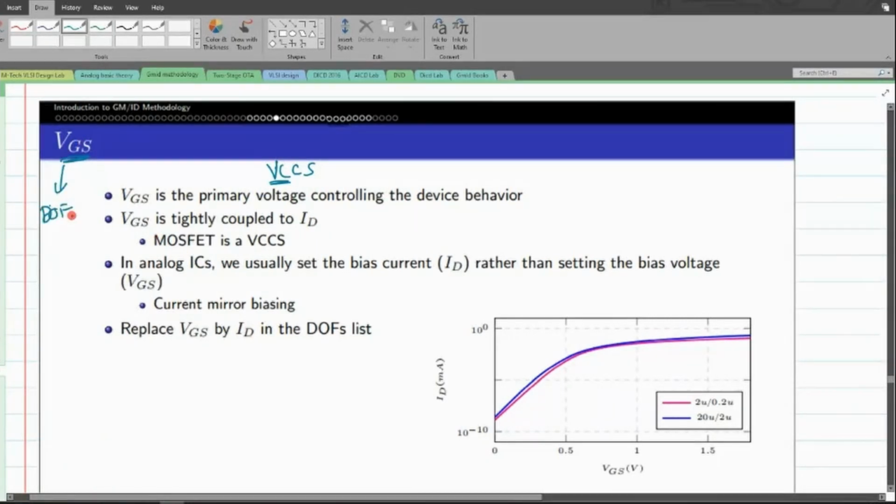Since because of this tight coupling, one can actually use this VGS as a degree of freedom. But one thing that you have to remember is that normally in analog circuit design, we generally bias the transistors with a bias current rather than using a bias voltage like VGS. And the reason is that when you apply a voltage through a very thin wire, if you are trying to apply 1.8 volt at one end, when you send it through a long wire, which is very thin inside a chip, you end up dropping this voltage progressively, and due to which you end up having a voltage like 1.6 or something.